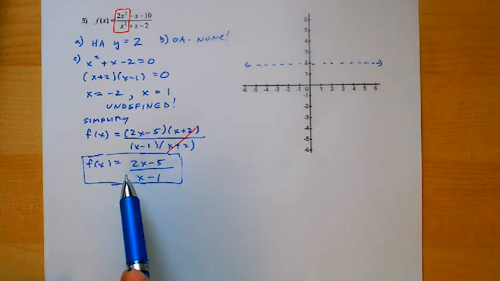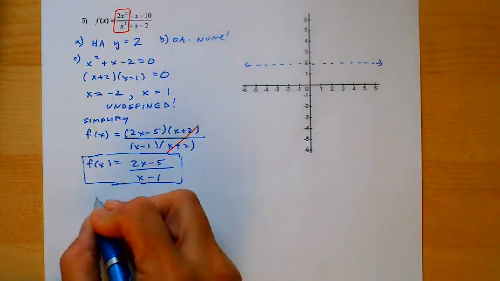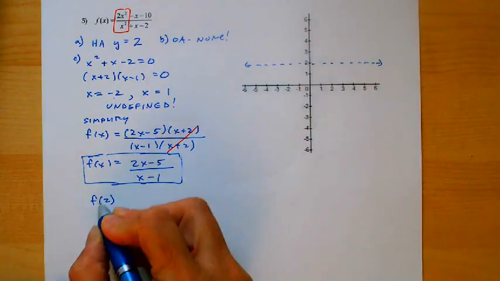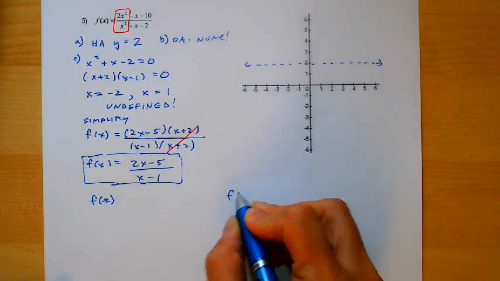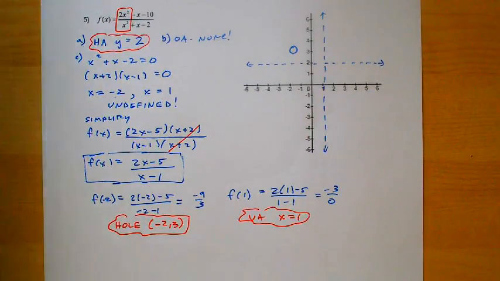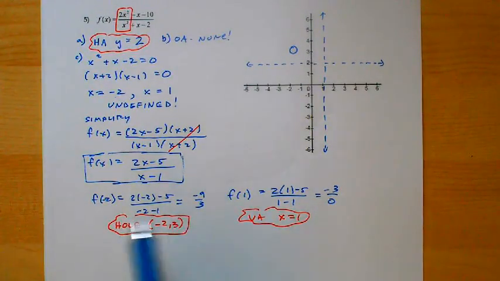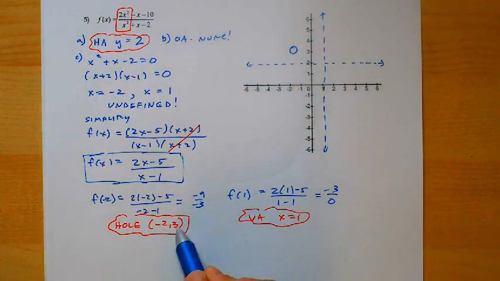All right, well now we got to figure out these 2 undefined values, asymptote or hole. So why don't we evaluate the function at f of -2, evaluate the function at f of 1. Why don't you pause that video? This is review by now, and I'll come back to you. Alrighty, after we do the plugin, f of -2 got me an actual value of -9 divided by 3, or -3.